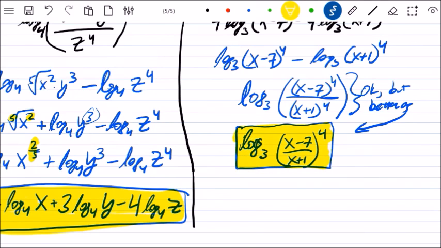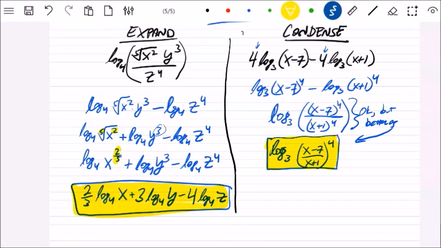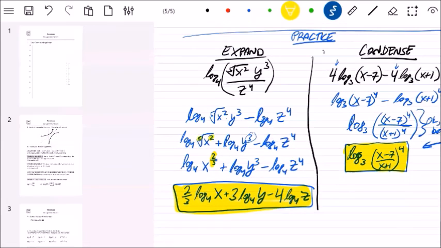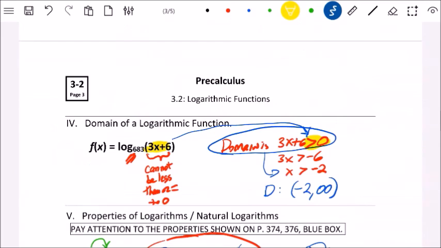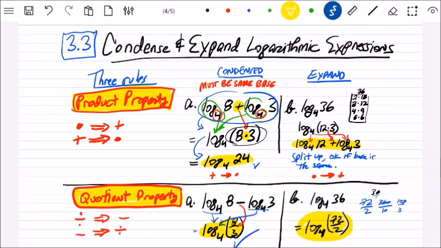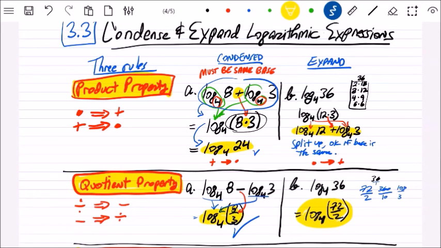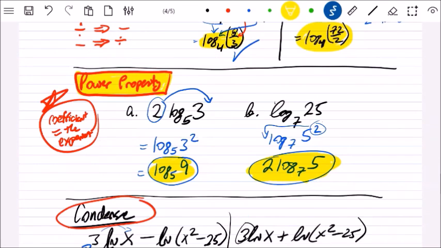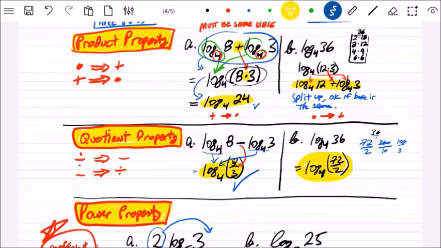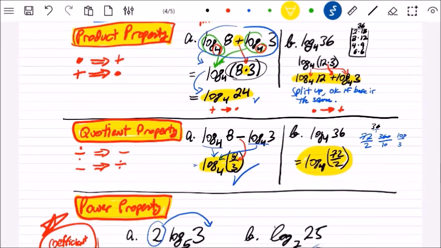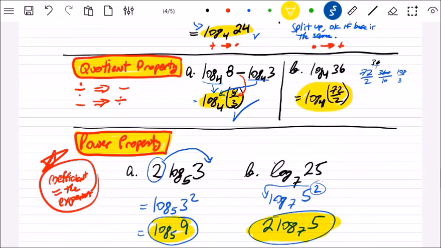All right, so to review the main things from this that we just went through: there are three rules, product property, quotient property, and power property. Make sure you recognize each one of them when you see the pluses, the times, the minus, the divide.